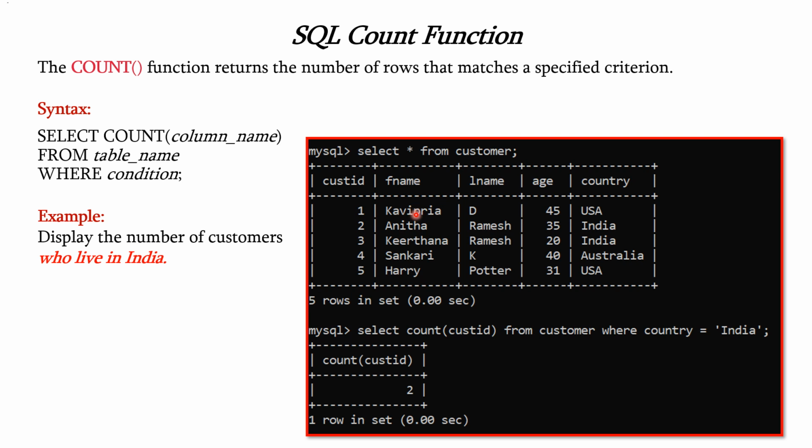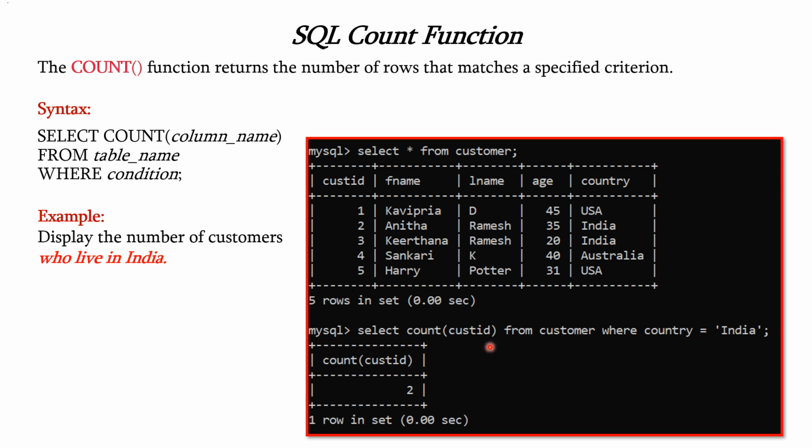Again we are considering the customer table. To display the number of customers who live in India, we can write the query like this: select count of cust ID. If we choose the count of cust ID, we can find how many customers are residing. The condition is who live in India, so we mention it in the where condition.